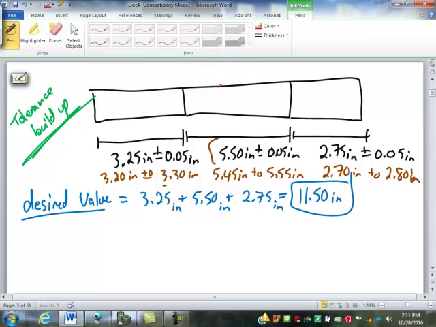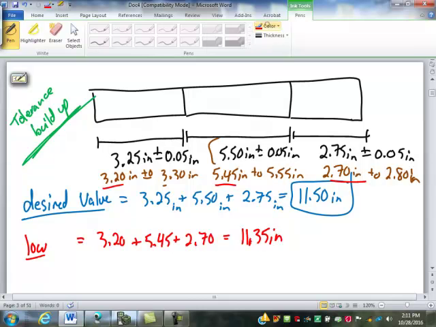So if we look at that on the low end, if it just happens that all three of those end up on the low end, we could end up with 3.20 plus 5.45 plus 2.70, which could end up giving us 11.35 inches. Or they could all end up on the high end, which would give us 3.30 plus 5.55 plus 2.80, which adds up to 11.65 inches.